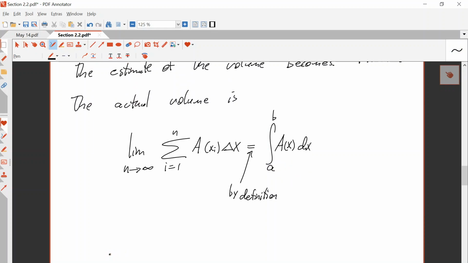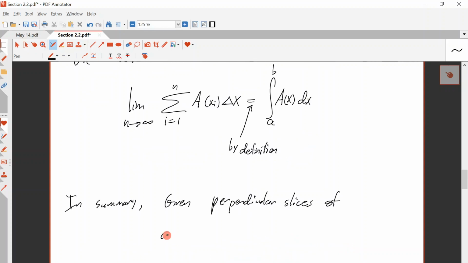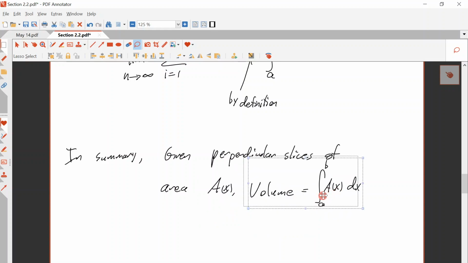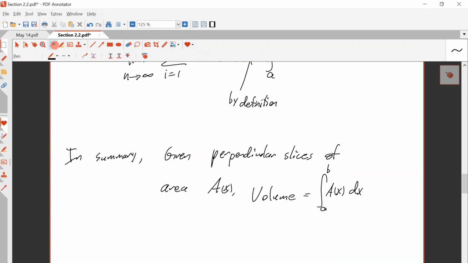So in summary, given perpendicular slices of area A(x), volume is equal to the integral from a to b of the area function. That's it. That's the whole idea.